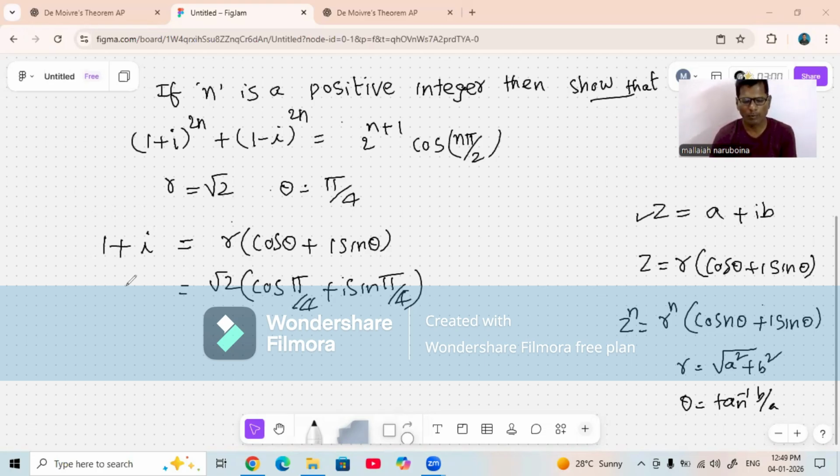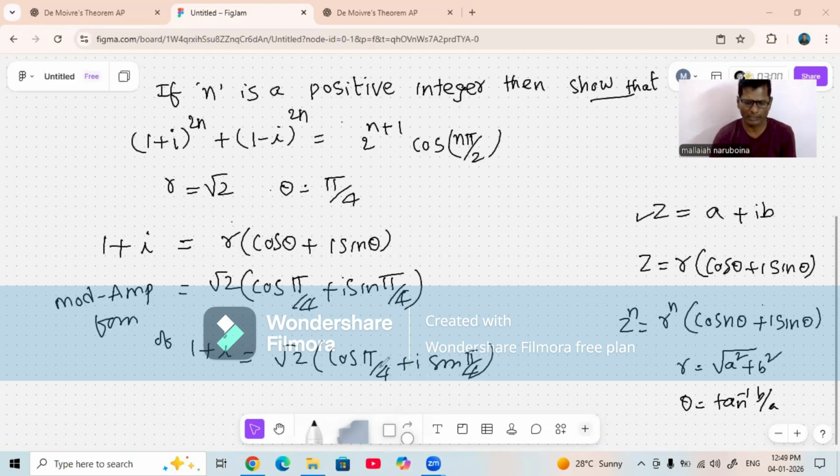So the mod amplitude form of 1 plus i is equal to root 2 into cos pi by 4 plus i sin pi by 4.